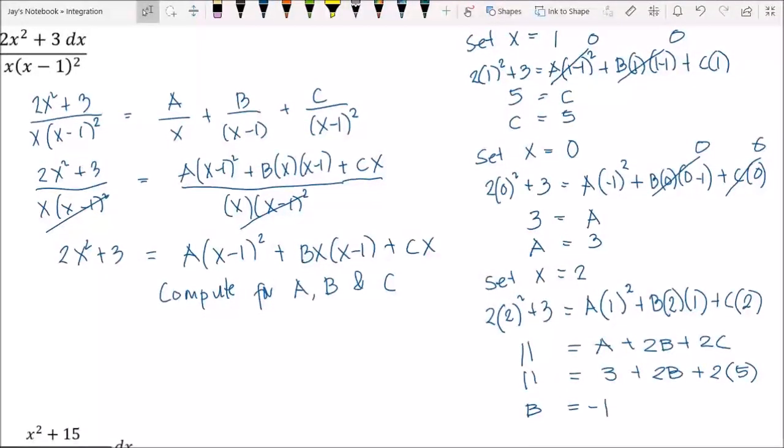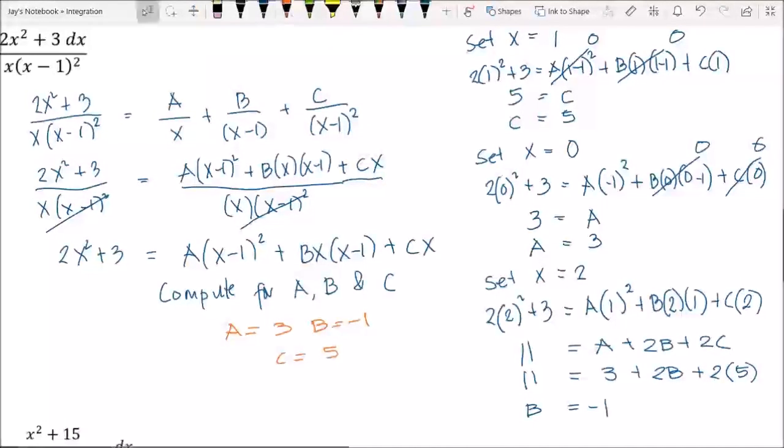Okay, so we have now computed a, b, and c. We have a is equal to 3, b is equal to negative 1, and c is equal to 5.